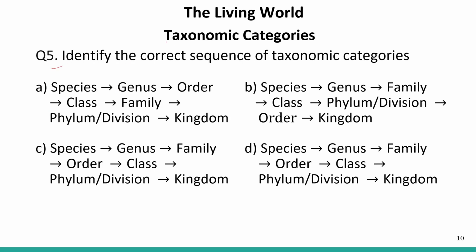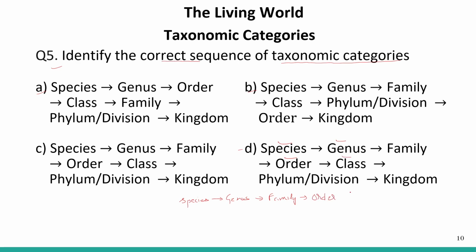The next question is, here we have to identify the correct sequence of taxonomic categories. Again, these are the options A, B, C, and D. I've already done the taxonomic hierarchy. So according to taxonomic hierarchy, first we have the species, then genus, family, then we have the order.